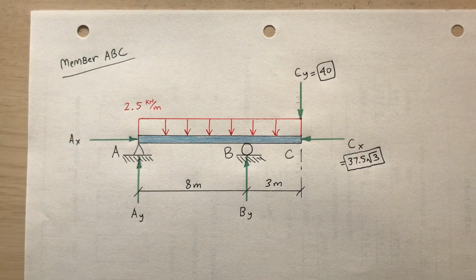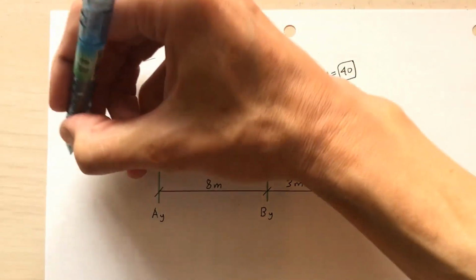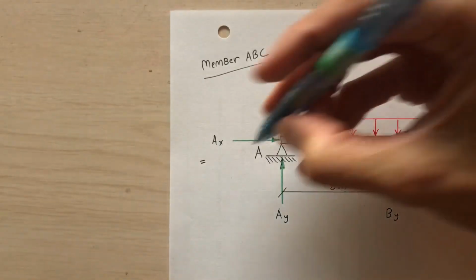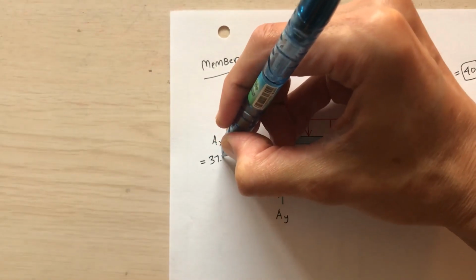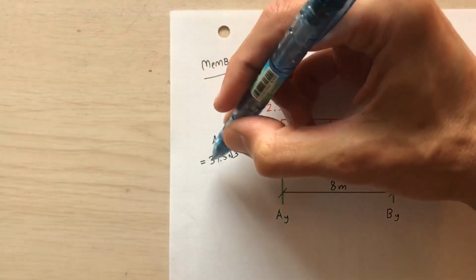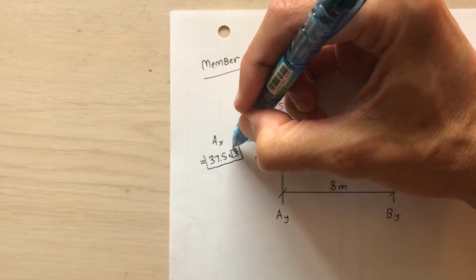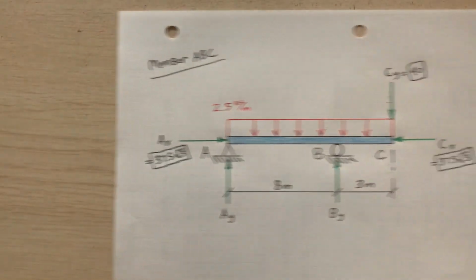Isn't it pretty obvious what A sub x is? I'm not even going to show the equation, but if you take the sum of the forces in the x direction as 0, then clearly A sub x is 37.5 square root of 3 kilonewtons.